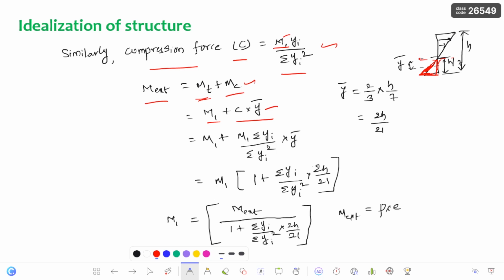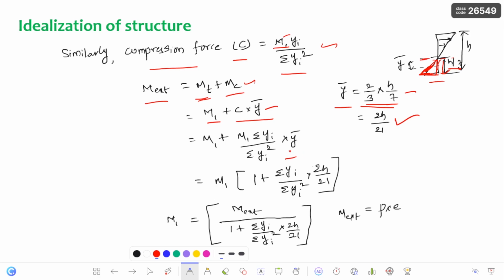If you consider this triangle, the centroid is located at 2/3 of the height of this triangle, that is h by 7. Here the important thing is that it is assumed the neutral axis is located at h by 7 distance. So 2/3 of h by 7 will give you 2h by 21, which is the lever arm for the compression force.